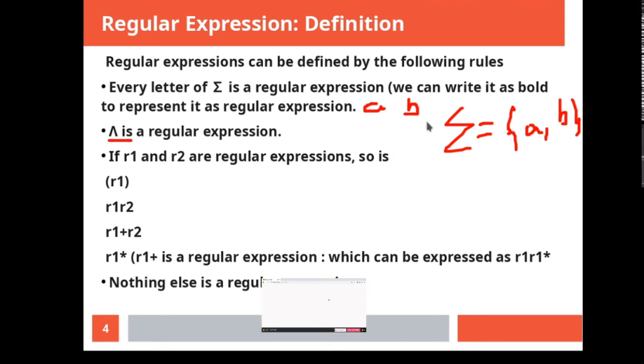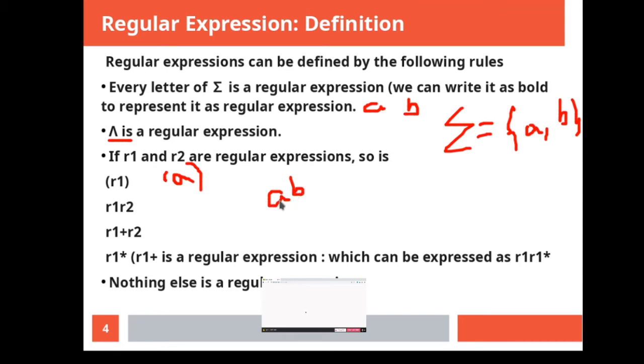If R1 and R2 are two regular expressions, so is R1R2. So basically here we are now starting to create factors to form more words. So R1 is a regular expression, so is R1R2, the concatenation. So if I write AB, then this is also a regular expression. Why?